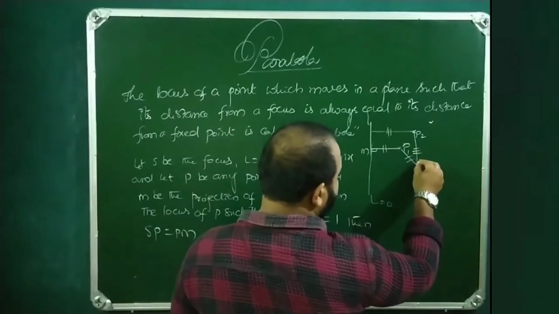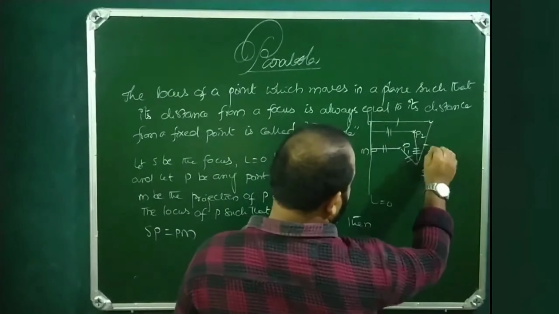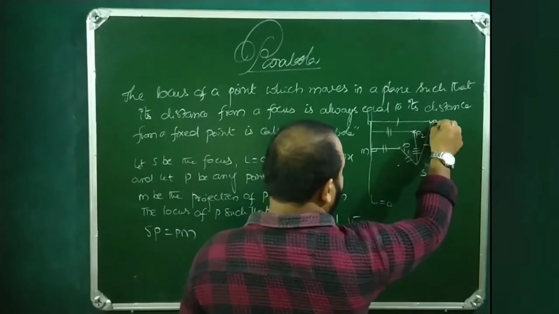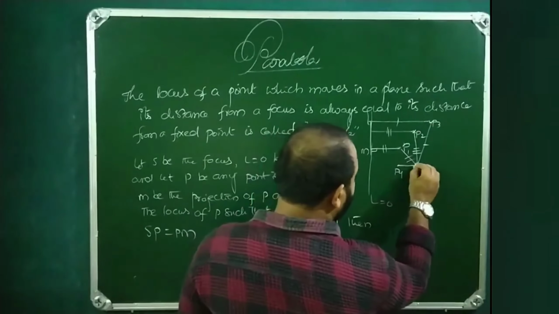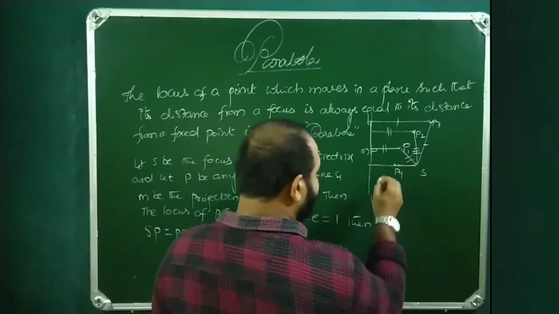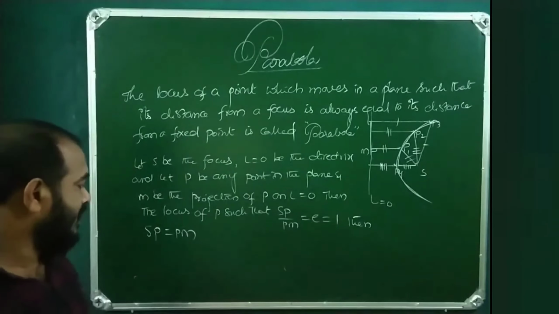Likewise for P3 and P4. So this is equal to this, and the locus of all such points, if you join them, the shape obtained is called a parabola. So SP by PM equals 1, then SP is equal to PM.